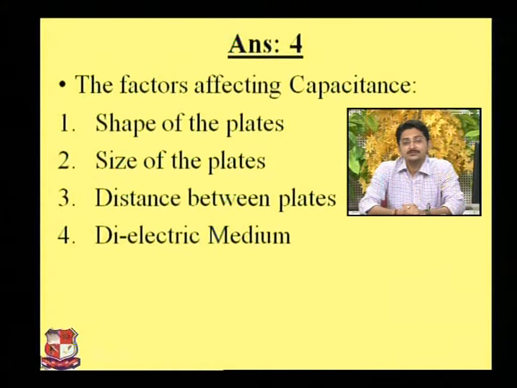The next one is the size of the plates. If the size is less, the capacitance is less. If the size of the plates of the capacitor is increased, then the capacitance is increased. So the capacitance directly depends upon the size of the plates.